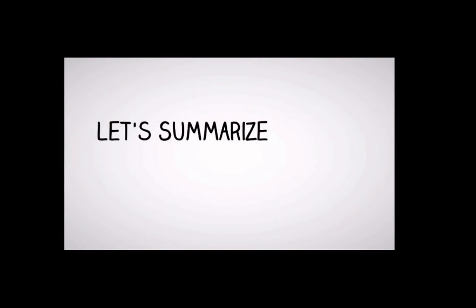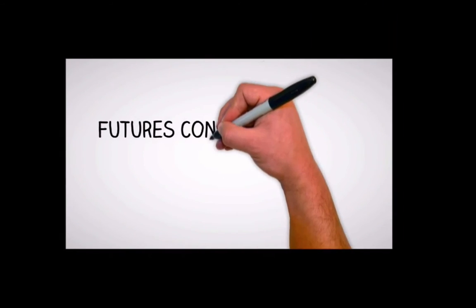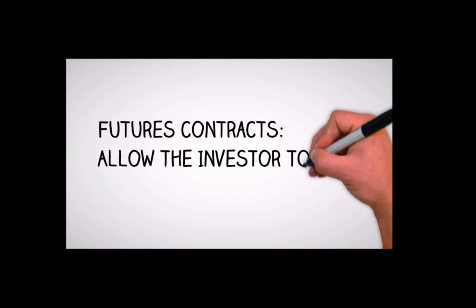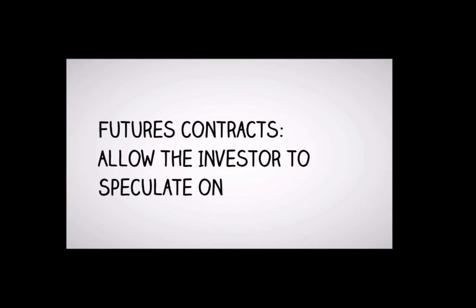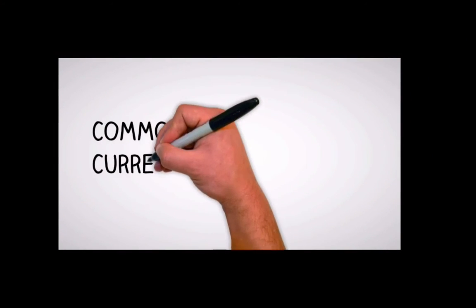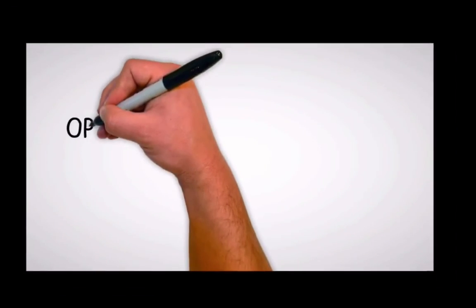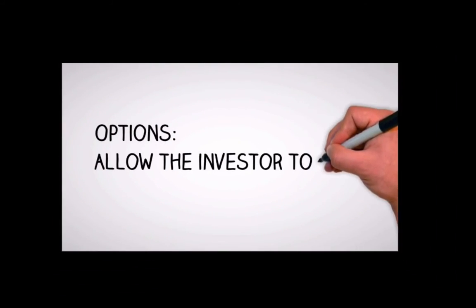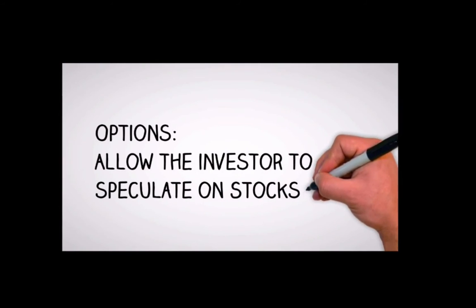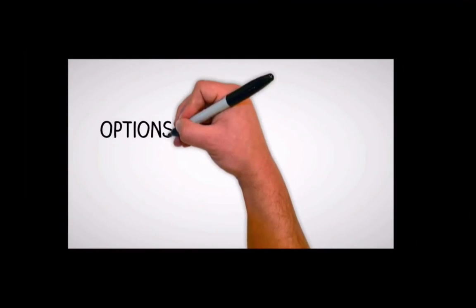Let's summarize. Futures contracts allow the investor to speculate on commodities, currencies, stock market indices, or other assets. Options, on the other hand, allow the investor to speculate on stocks or ETFs.